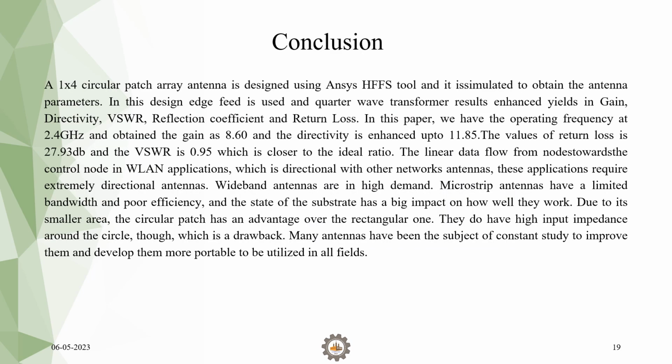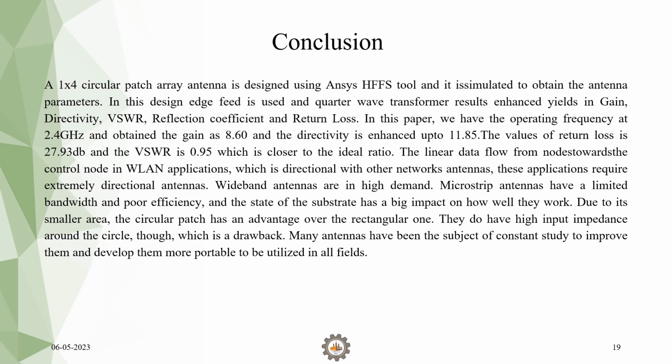In conclusion, the 1 cross 4 circular patch array antenna is designed using the Ansys HFSS tool, and it is simulated to obtain the antenna parameters. In this design, we used the edge feed technique as well as the quarter wave transformer. These techniques have enhanced the results in gain, directivity, reflection coefficient, as well as return loss.